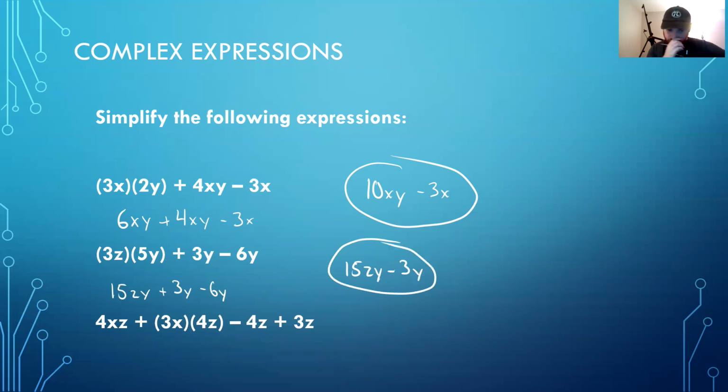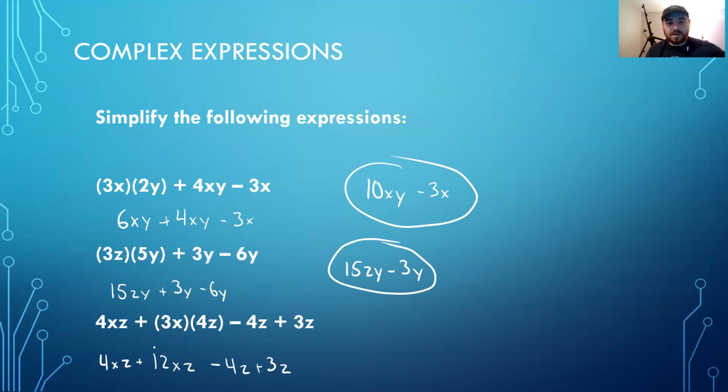Last one, we have 4xz plus, we have 3x times 4z, that's 12xz, minus 4z plus 3z. And you'll notice I'm kind of just naturally going in order of operations. These ones, the multiplication was the first thing. This one, multiplication's over here, but according to PEMDAS, we're going to do multiplication before we do addition.